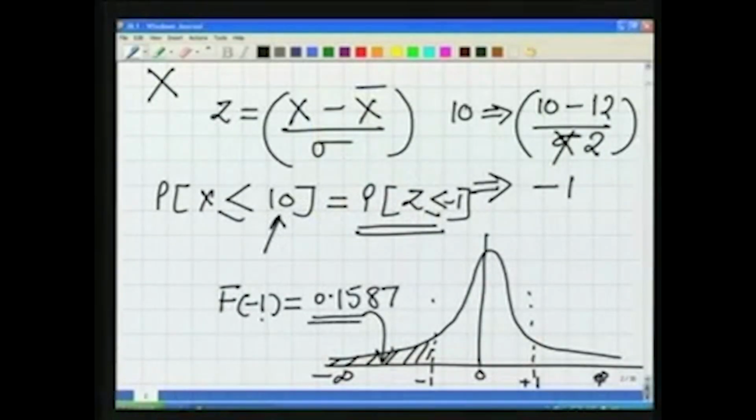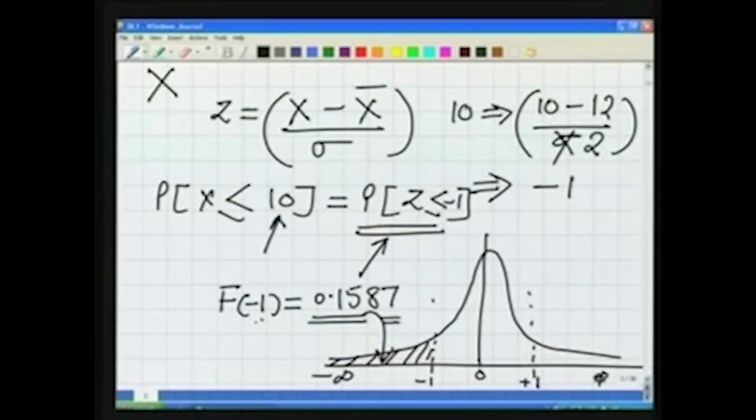So as we have seen from the table, the value of the distribution function for the standard normal curve corresponding to minus 1 is 0.1587. What is the meaning of this?